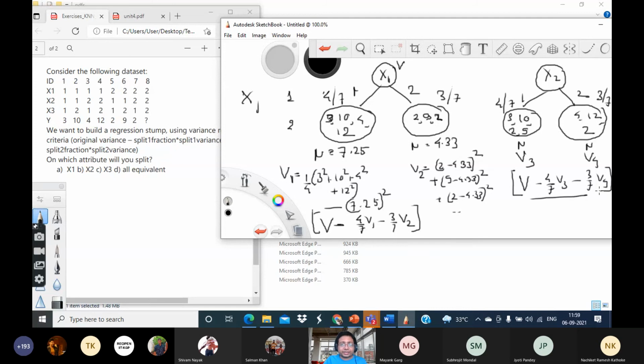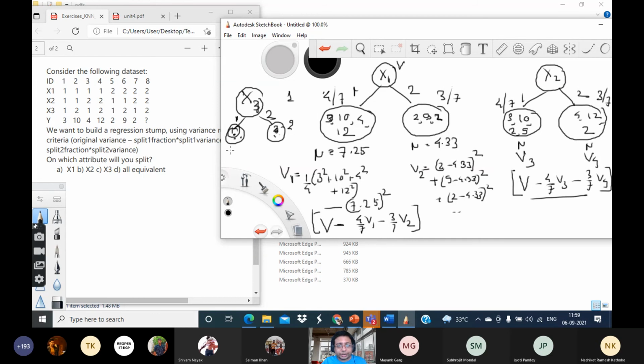Then similarly, you can try the same exercise for the last one also, which is splitting on the basis of x3. That is, x3 is equal to 1 or x3 is equal to 2, and there also you will get a set of points which I am not mentioning.